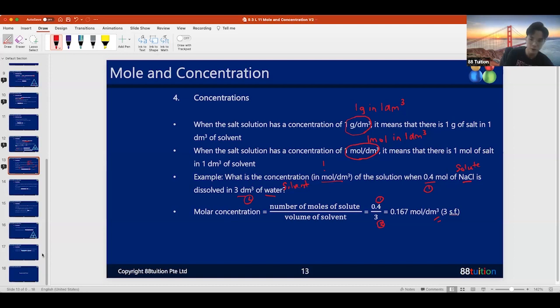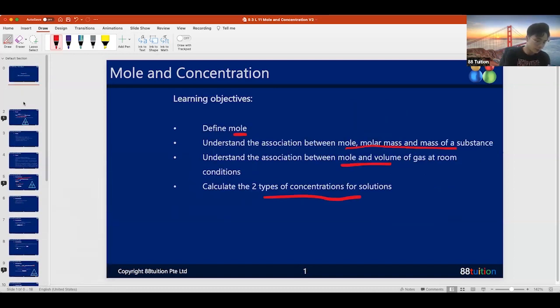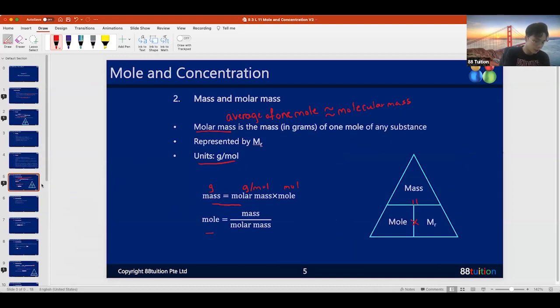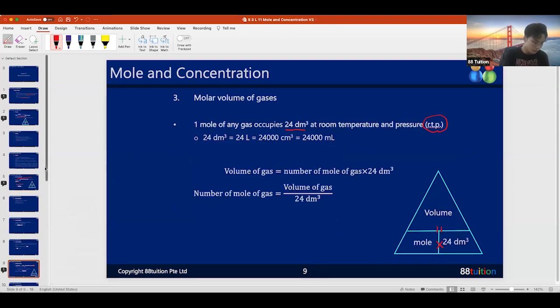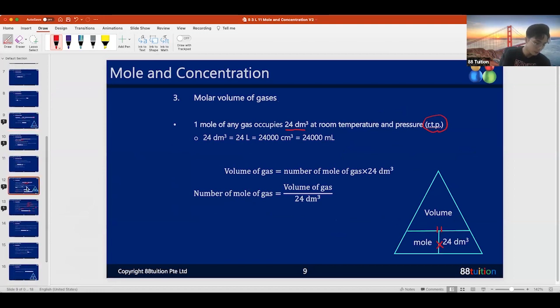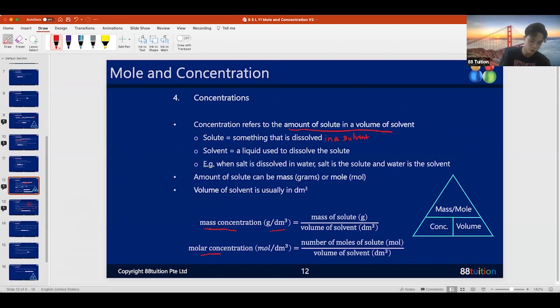And so there's a very quick recap of what you should have learned for this lesson. The four concepts: mole, the relationship between mole, molar mass, and mass; molar volume of gas, which is a relationship between mole, volume, and 24 dm cube, which is molar volume; and concentrations, the two different types of concentrations being mass and molar concentration.